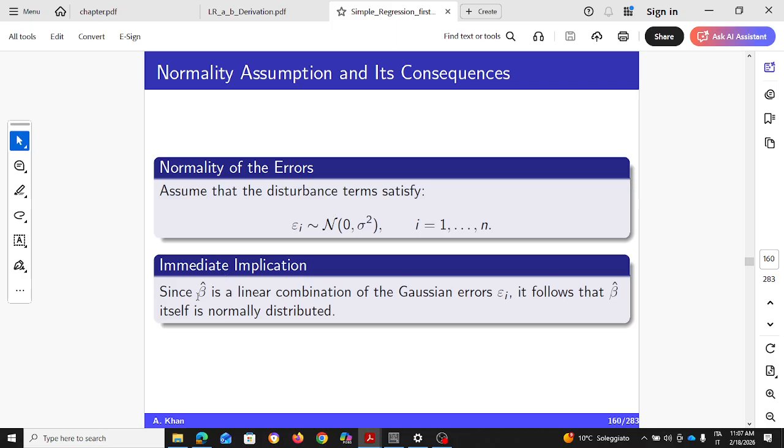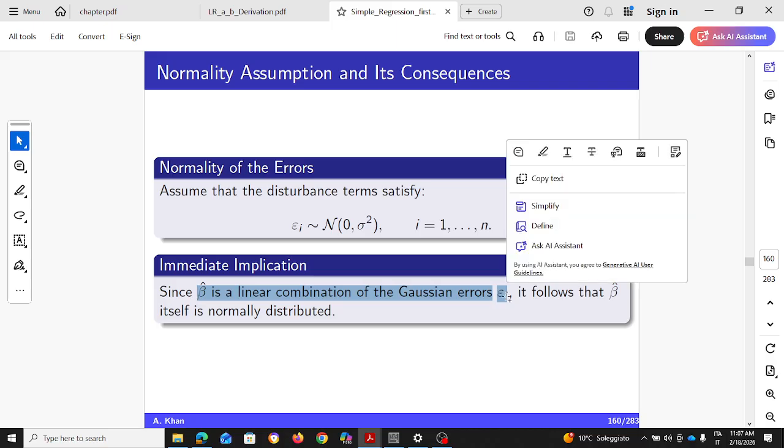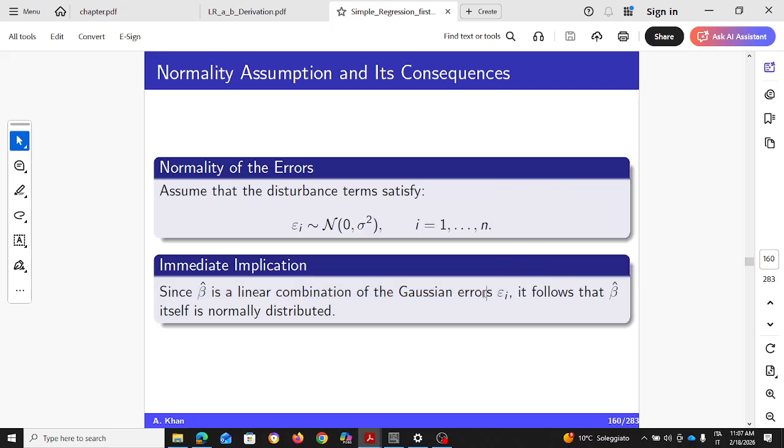And we know that since beta hat is a linear combination of the Gaussian errors, it follows that beta hat itself is normally distributed. So this means if this disturbance term is normally distributed and we are taking this assumption into our model, then beta hat is also normally distributed.